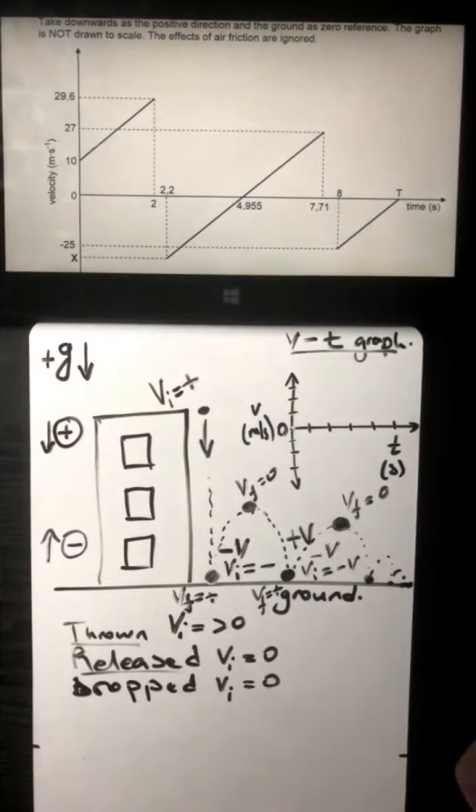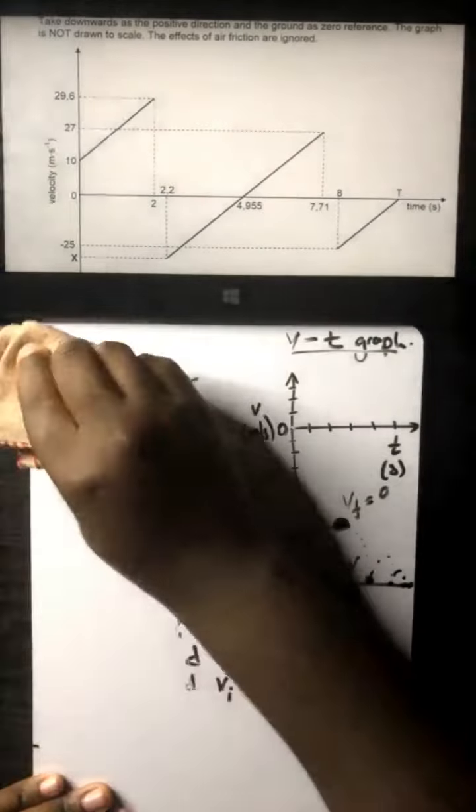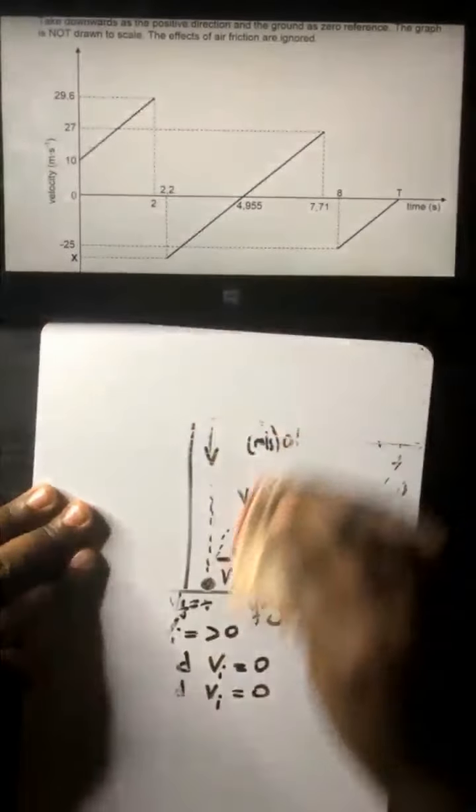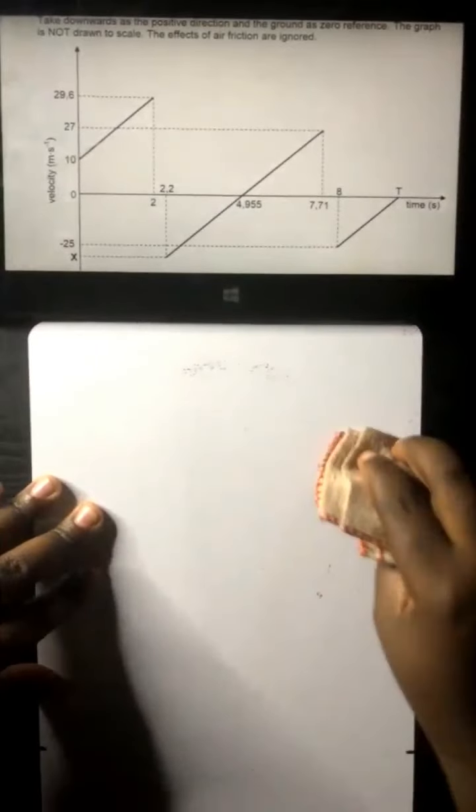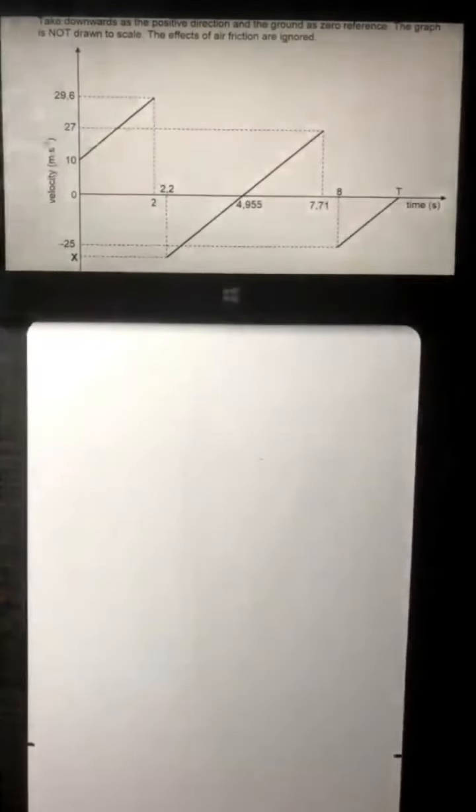I think what I'm going to do now is to remove all of this information, and then from there, I'm going to draw that graph and also try to explain what's going on over there. So let me try use a different marker.